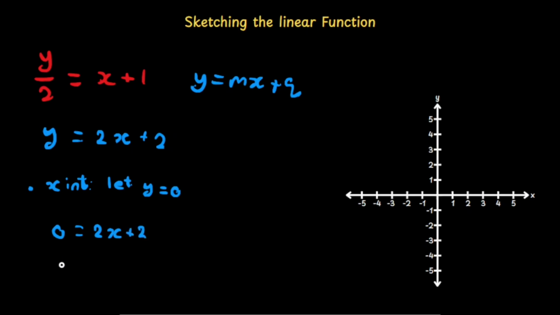Simplifying that, we get negative 2x is equal to 2. And taking that a step further, we will get x is equal to negative 1. Right, so we have successfully obtained our x-intercept, which would be negative 1. So I'm going to just plot that on the Cartesian plane quickly.